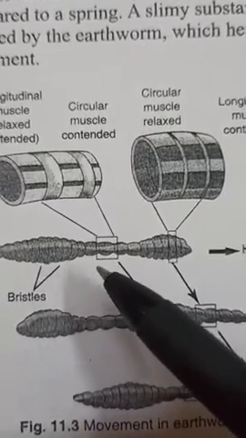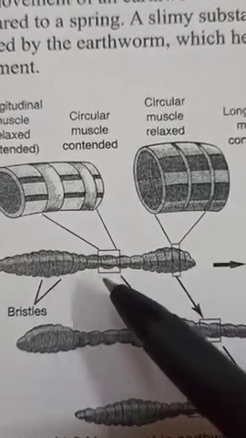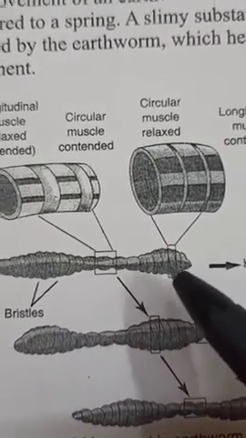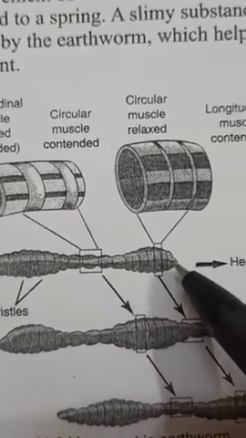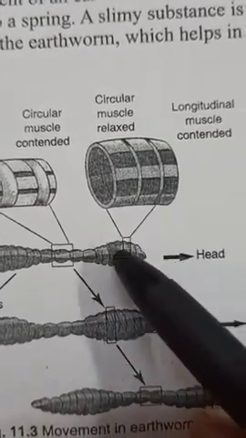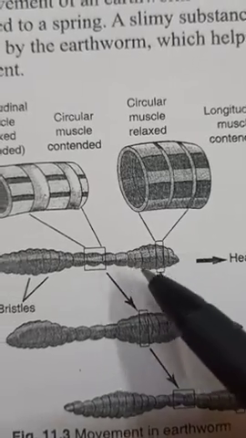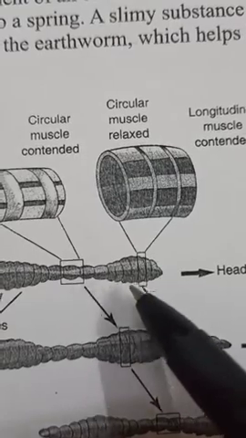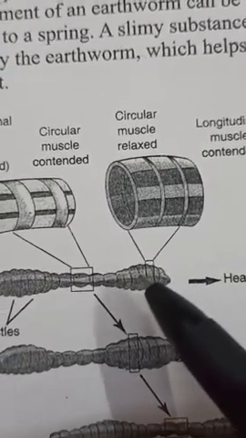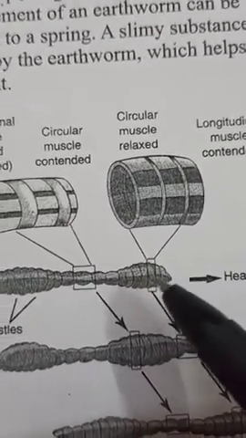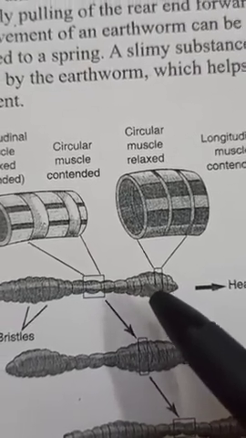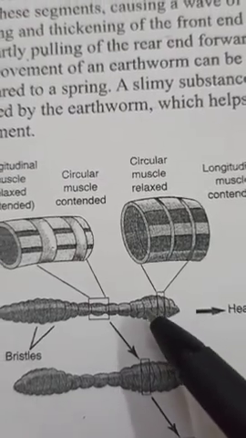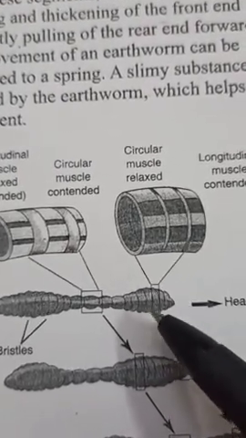When earthworm starts moving, some part of its body which is present forward, means mouth part, like here this is the mouth and head of the earthworm, and head muscles which are present in their head portion become active, or we can say they start movement as longitudinal muscles.